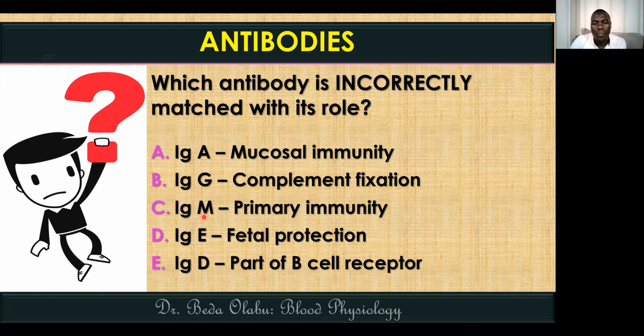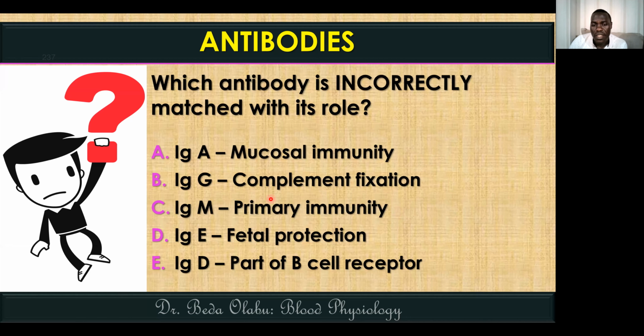Immunoglobulin M, I forgot to tell you that immunoglobulin G is the immunoglobulin also that is released in secondary immune response. So it's the immunoglobulin for the secondary immune response. Immunoglobulin M is the immunoglobulin that tends to be released for primary immune response.